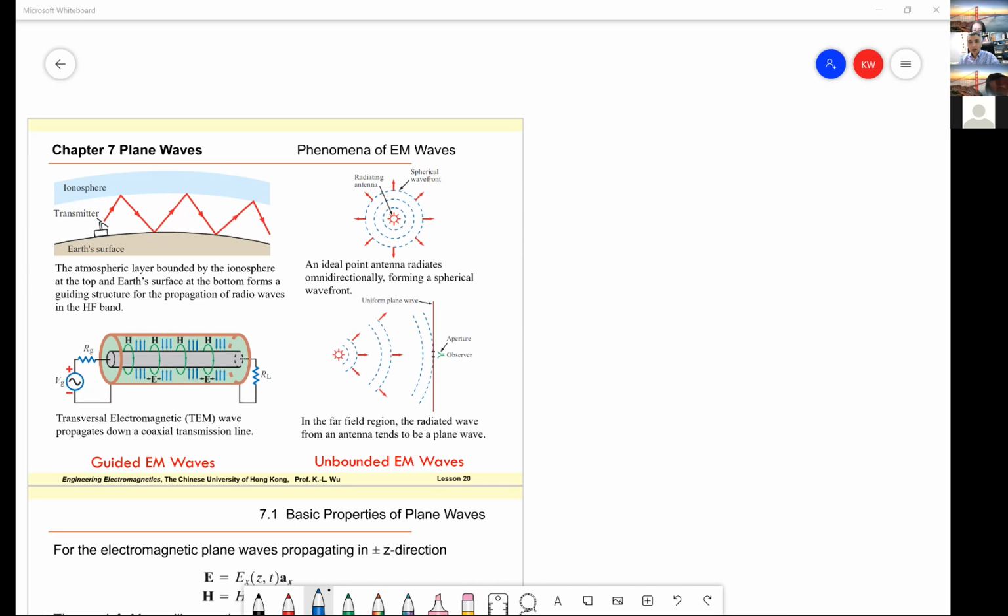And the description of the properties of the electromagnetic wave down the transmission line and in free space, you will find out amazingly the same. Okay, they're the same, right?